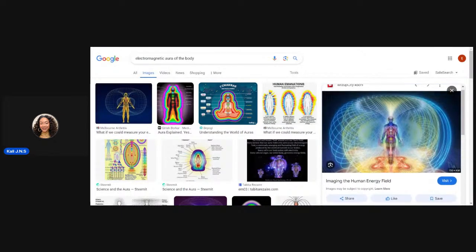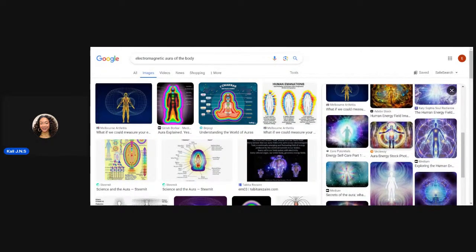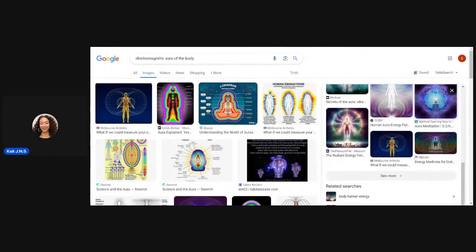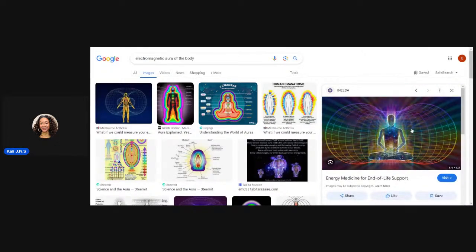You have something that's balanced, and then you have something that looks all janky and crazy because you got all of these different telecommunication wires hitting your aura to lower your vibration, pretty much to close your pineal gland and lower your vibration at all times, so that you don't be connected to the spiritual realm, so that you don't think too much, and that you don't have access to other dimensions, so that you stay here in a prison planet on planet Earth. That's pretty much the short end of it.